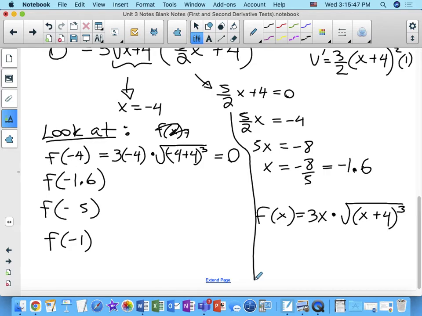Okay, now you're going to have to get your calculators out for this piece. 3 times -1.6 times the square root of (-1.6 + 4), cubed. Oh yeah, what did I have negative? Oh, I was looking down there. Thank you. I'm not a good multitasker.